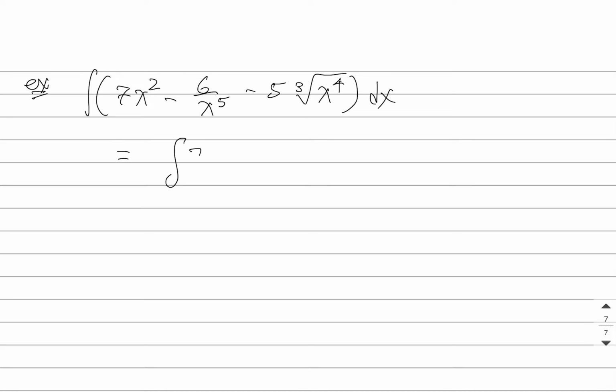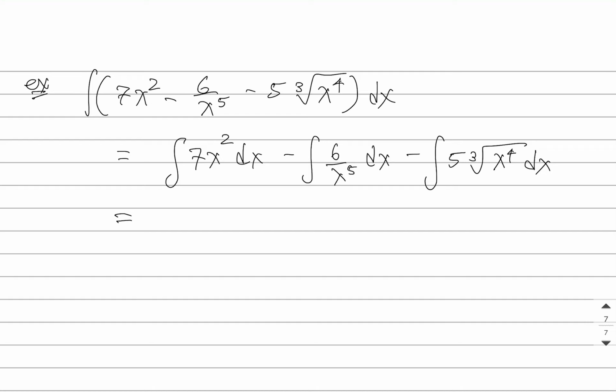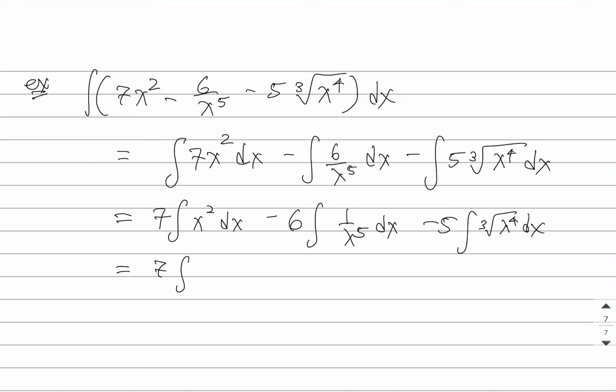The antiderivative of a sum or difference is the sum or difference of antiderivatives. So I get to split this apart and write it like this. The antiderivative of a multiple is the multiple of antiderivatives. And so I get to write it like this. I get to take out all of those constants. And finally, I need to rewrite them so that they are all in the form that the power rule can handle.